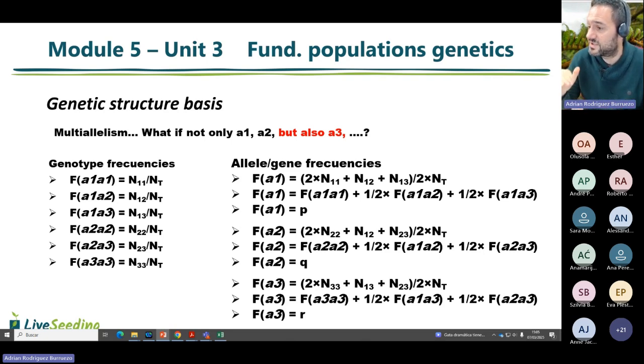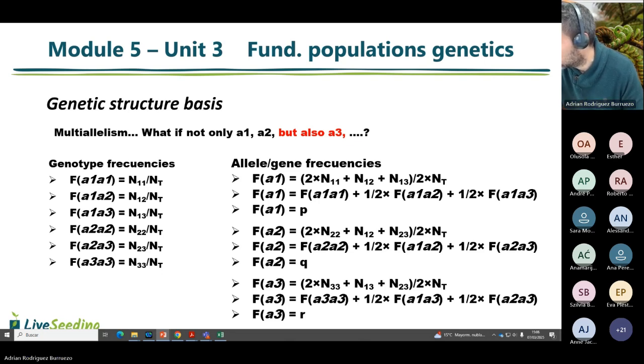Okay? It's so systematic. And what about the allele frequencies? Again, be systematic. For FA1, the frequency of A1, I would estimate the number of individuals who are in homozygosis carrying this allele, number of individuals A1A1 by 2, they count twofold, plus the number of heterozygous A1A2, plus the number of heterozygous A1A3.